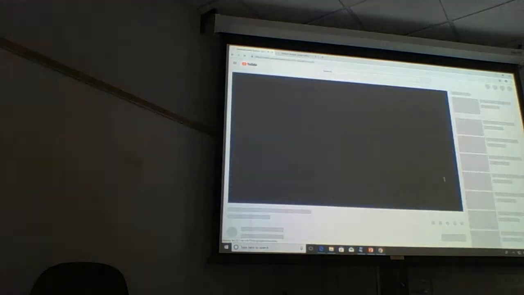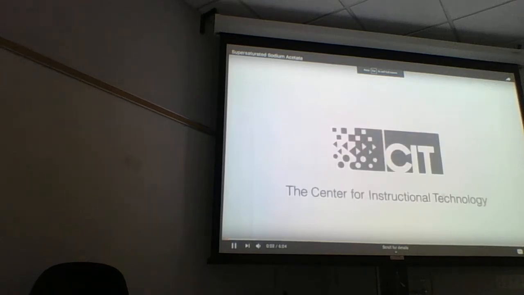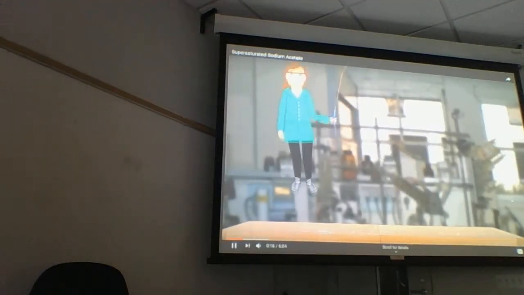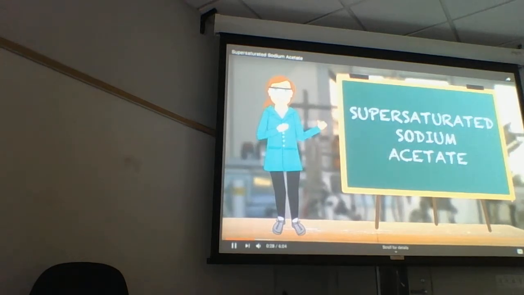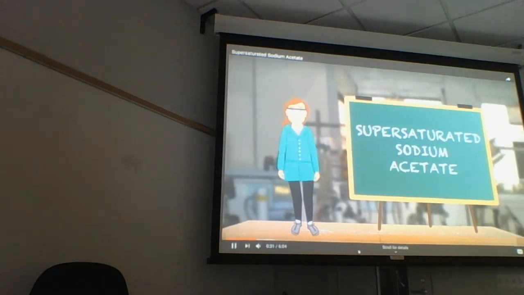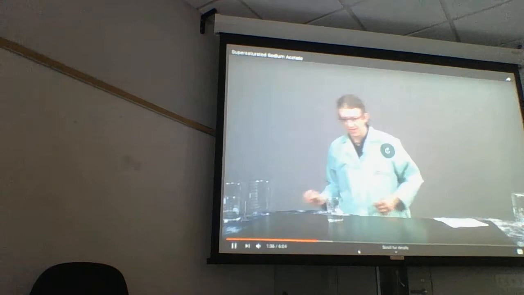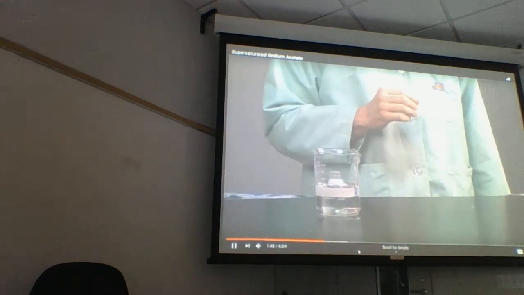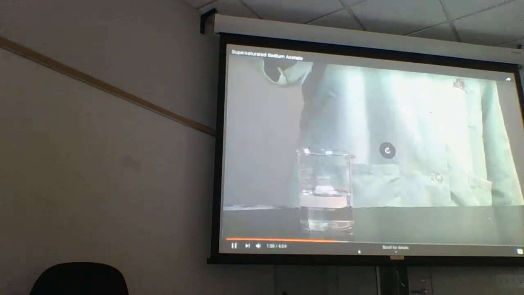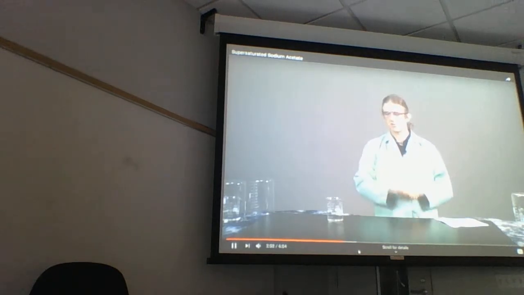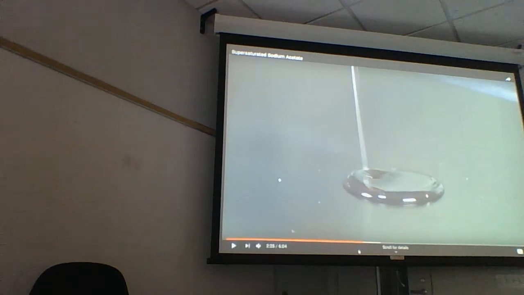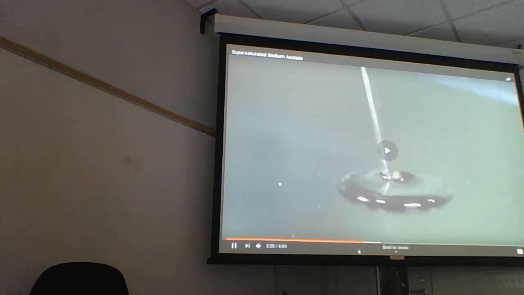This is another common technique to help try to crystallize it out. Supersaturated sodium acetate. So there's the supersaturated sodium acetate, and this is a seed crystal. Yeah, there's a seed crystal on the bench top. And so it's just going to pour the solution on top of it.